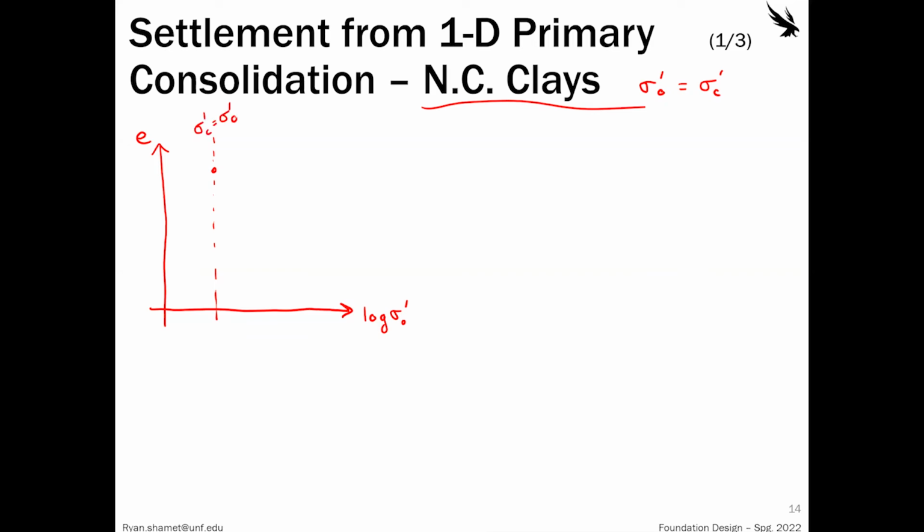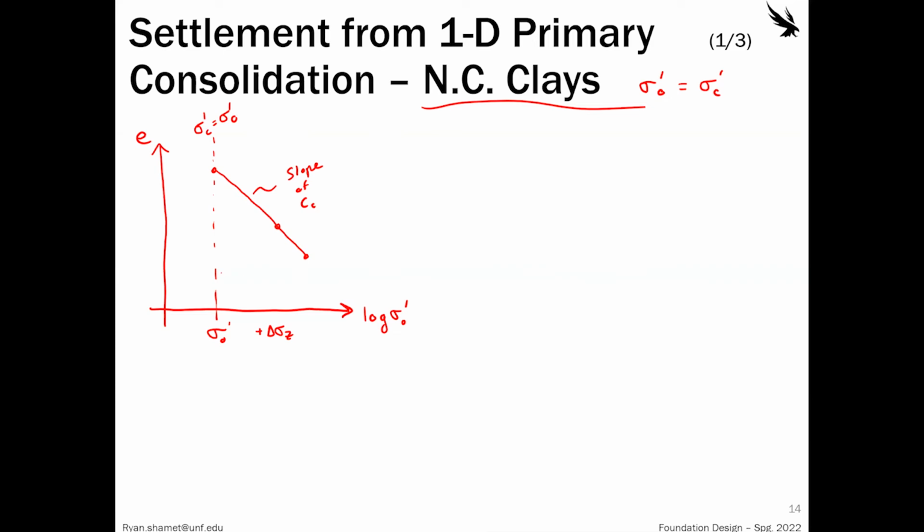We just said that. So it would just follow a straight line as we add any change in stress. And that straight line follows the slope of Cc, the compression index.